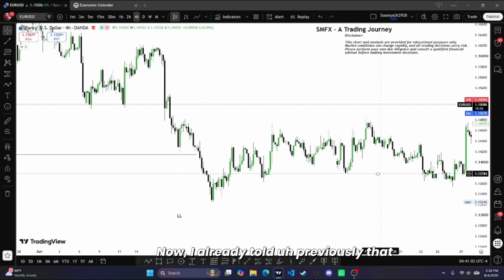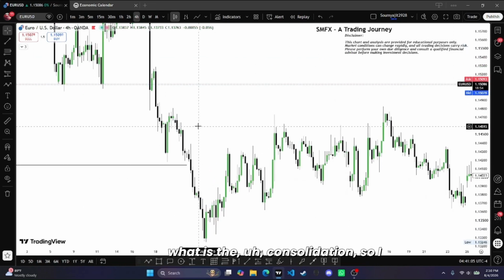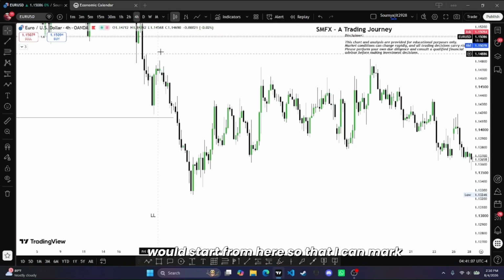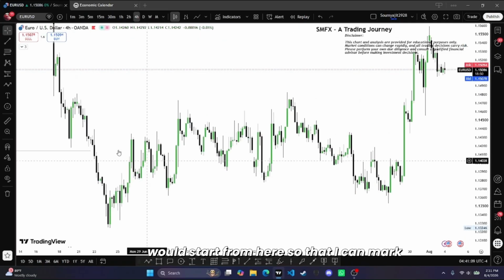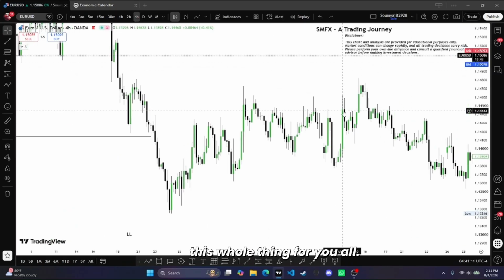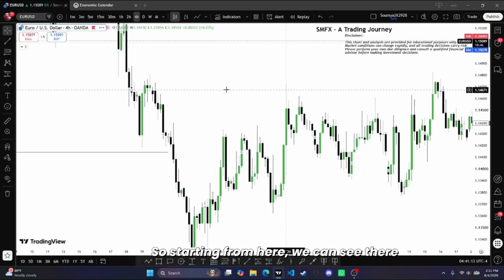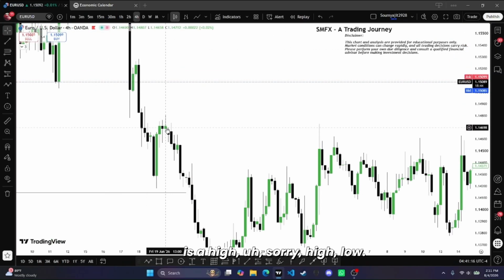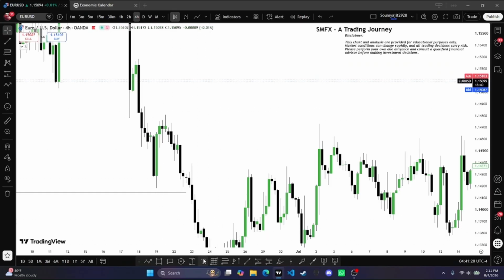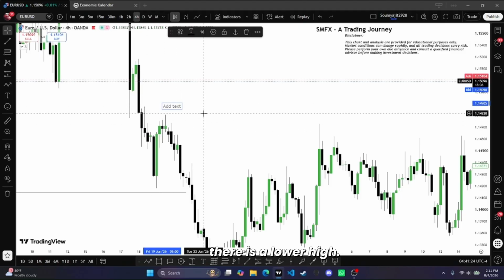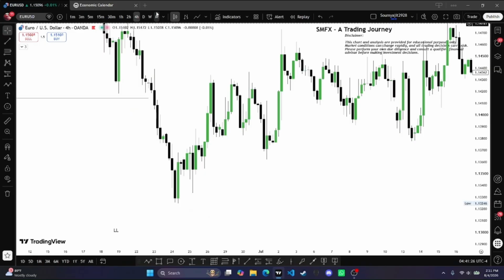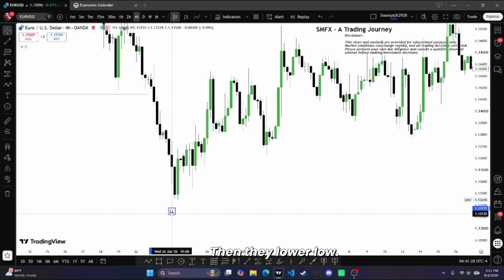Now, I already told previously what a consolidation is. So I would start from here so that I can mark this whole thing for you all. Starting from here, we can see there is a higher high, higher low. Then starting from here, we can see there is a lower high, then a lower low.